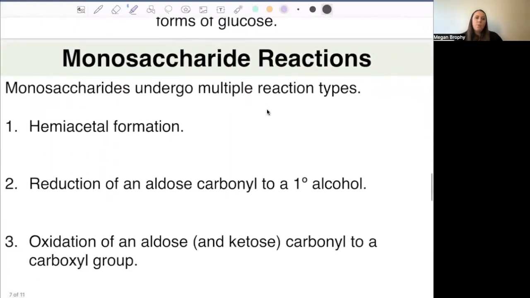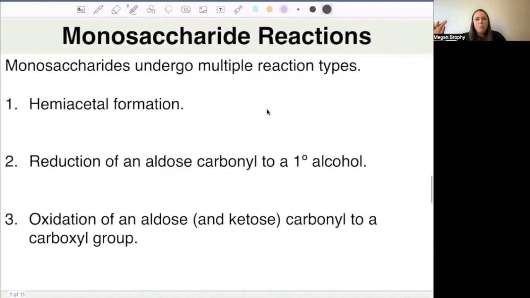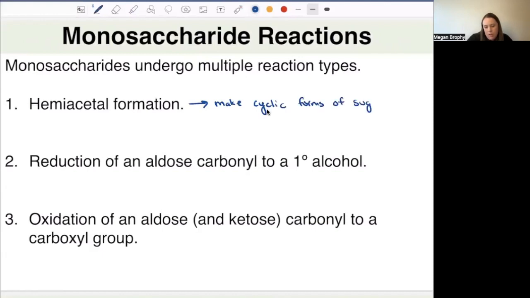Okay. So monosaccharides can undergo multiple reaction types. We're just going to focus on 3 today. So we already saw hemiacetal formation. This is where we're going to make cyclic forms of sugars. And this is very common with hexoses, because we can make those 5 or 6 membered rings.